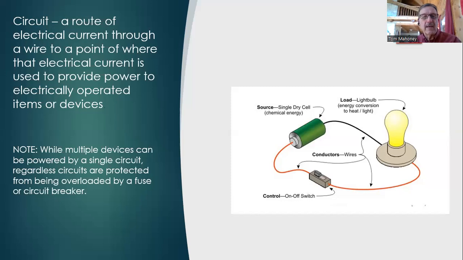So a circuit is a route of electrical current through a wire to a point where that electrical current is used to provide power to the electrically operated items or devices. So in this case, this is our source of electrical power, and it looks like it's just a battery.